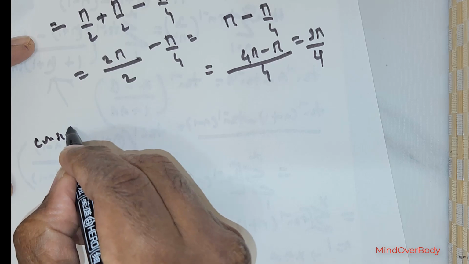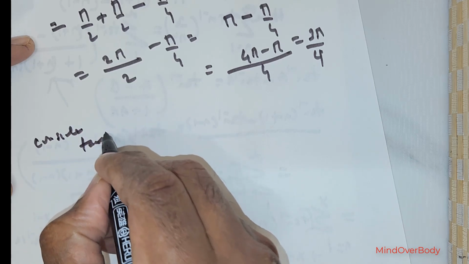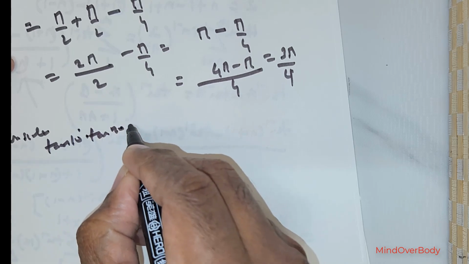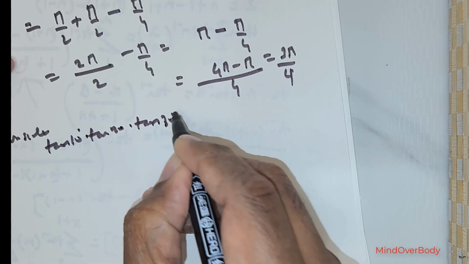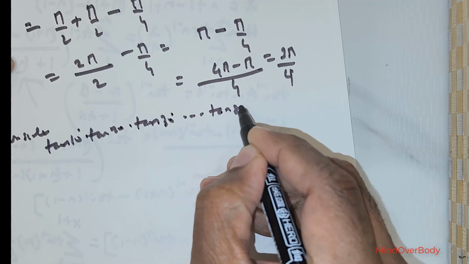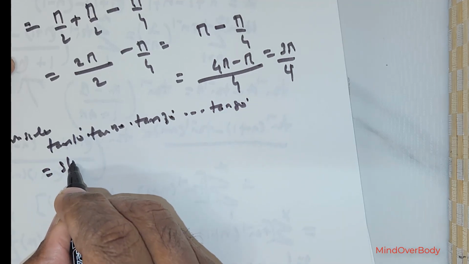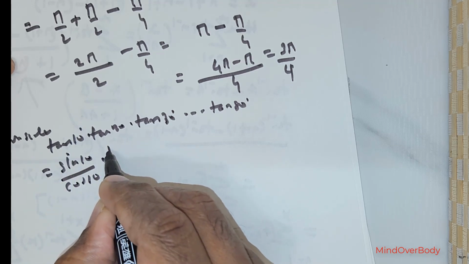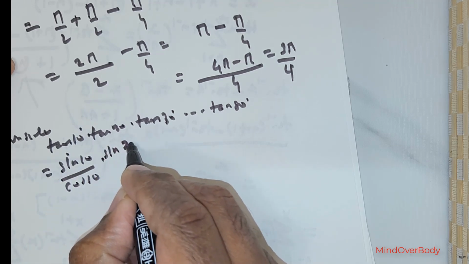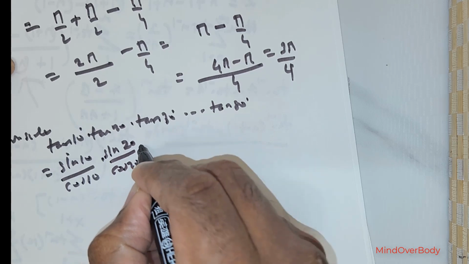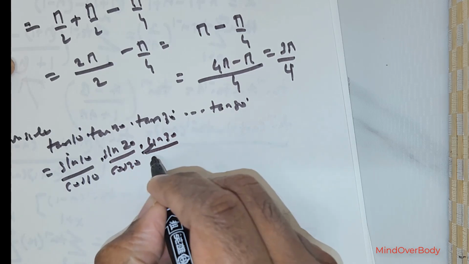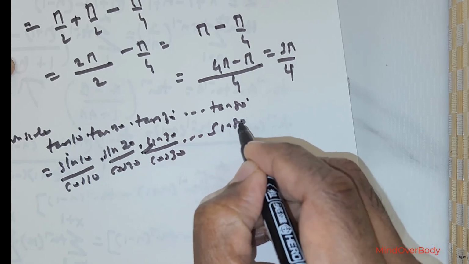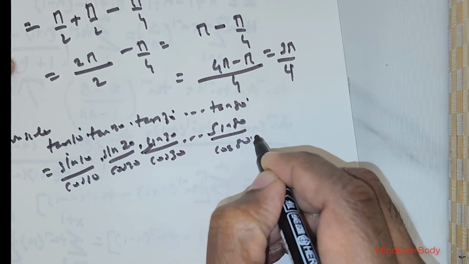So now I consider tan 10 multiplied with tan 20 times tan 30 and so on up to tan 80. I'm going to rewrite this as sine 10 by cos 10 times sine 20 by cos 20 times sine 30 by cos 30 all the way to sine 80 divided by cos 80.